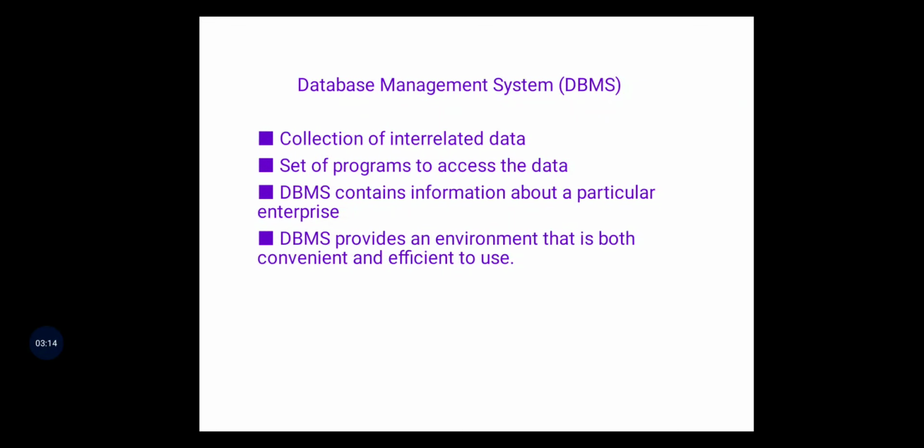First we call it data. Data is the register number, or the student name; the individual value is called data. A collection of interrelated values is called a record. A collection of interrelated records is called a table. Department wise, the first year, second year and third year tables are collected in one place, which is called a database.